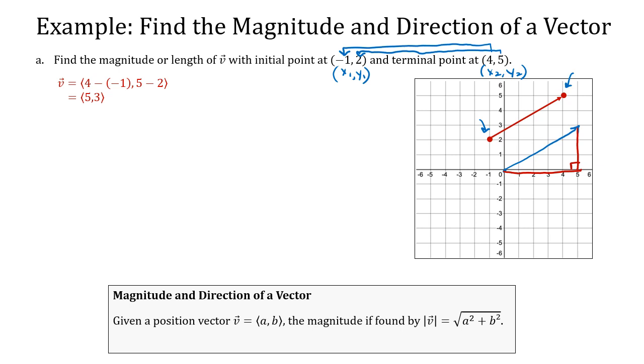So if the magnitude is simply the length of this vector, we're really just talking about what is the length of the hypotenuse. All right, so customary notation to indicate that we're talking about the length of a vector are these absolute value symbols around vector v.